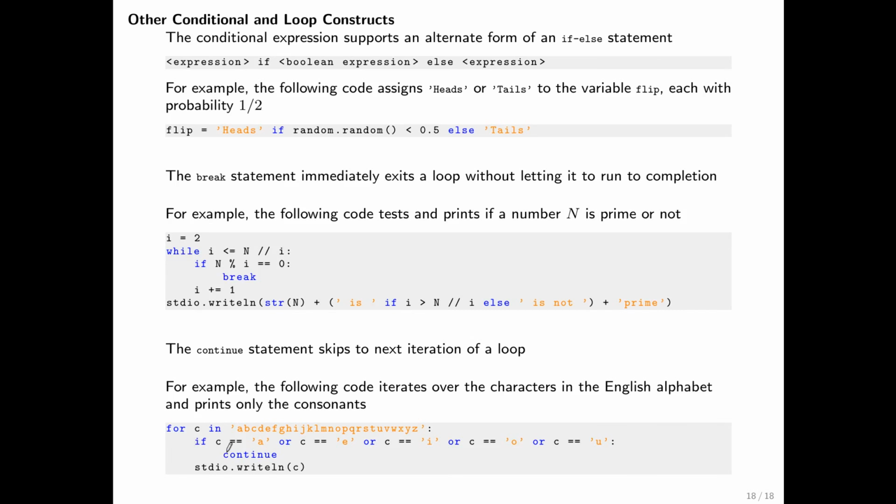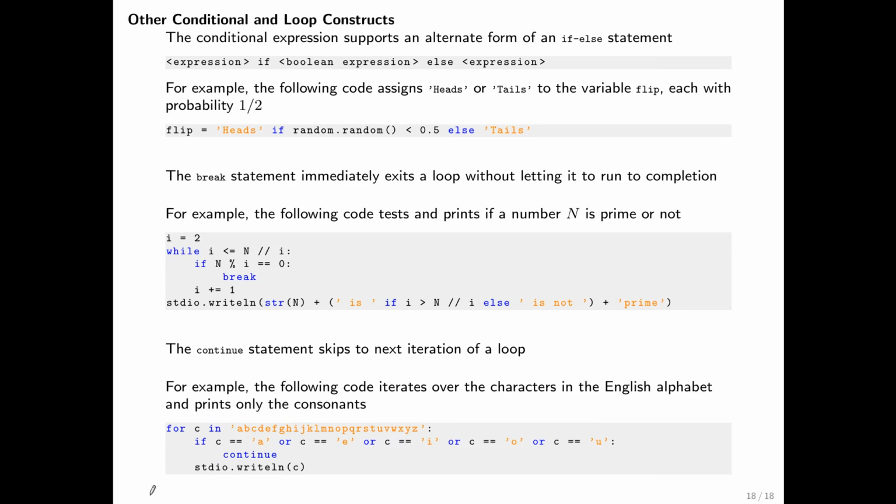And inside, I'm checking if c is one of these 5 characters, a, e, i, o, or u. And if so, I simply continue, in which case I don't write the character. But if it is a character other than these 5 characters, I write it.